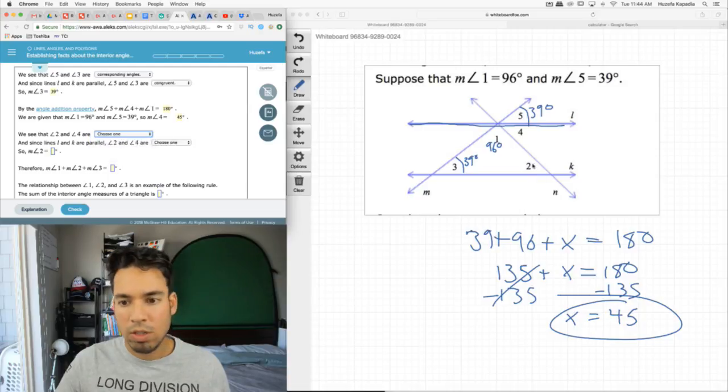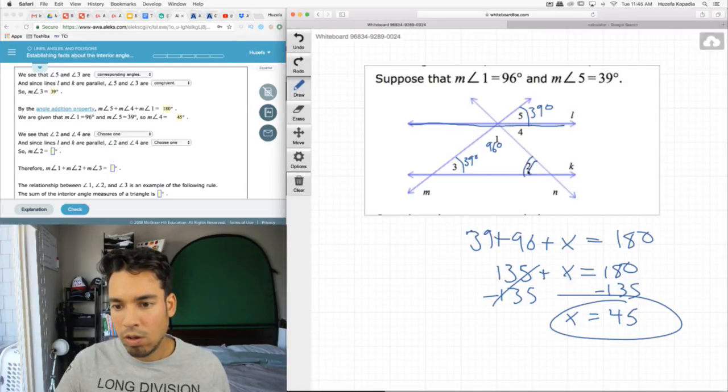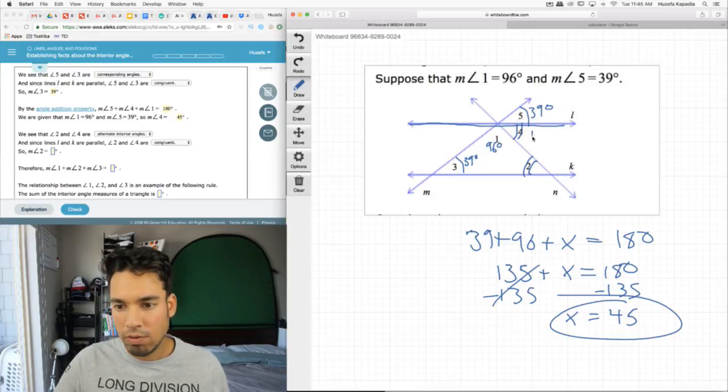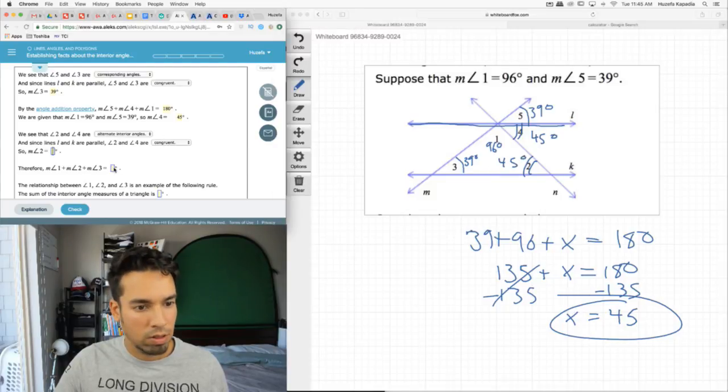So 2 and 4 are what's called alternate interior angles. They're on the interior of these parallel lines, and they're on opposite sides of the transversal, so alternate interior. That means they're congruent. Therefore, angle 2 is the same as angle 4, and we said angle 4 is 45 degrees.